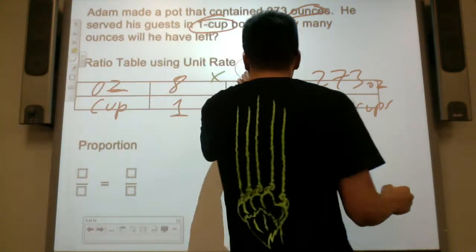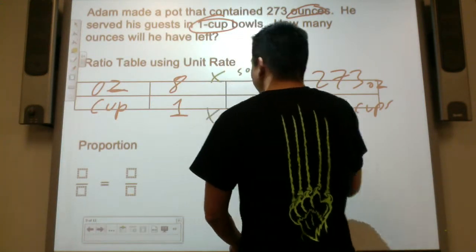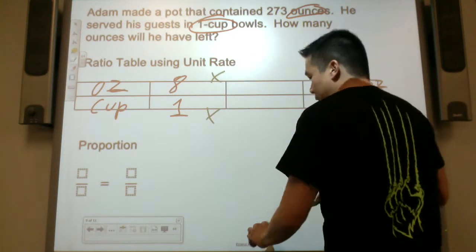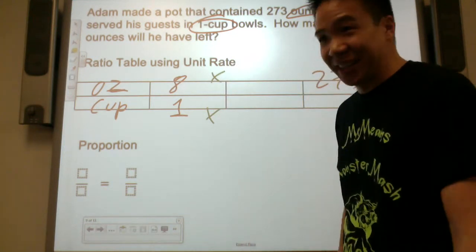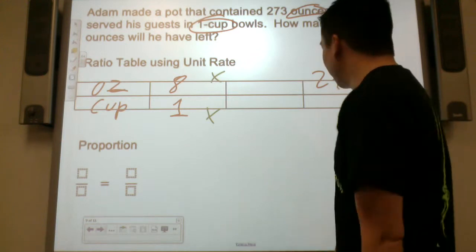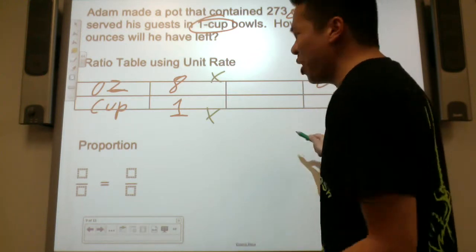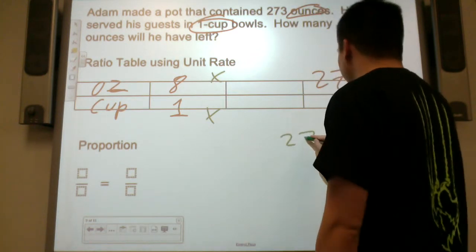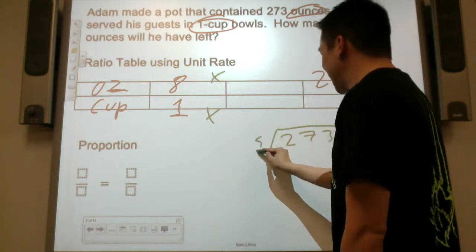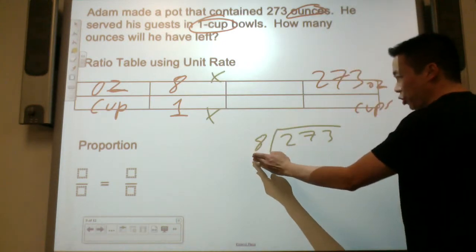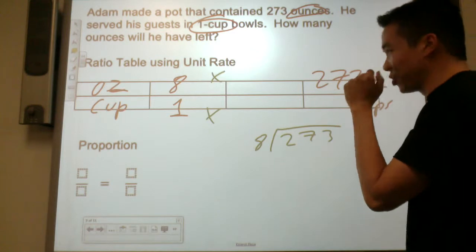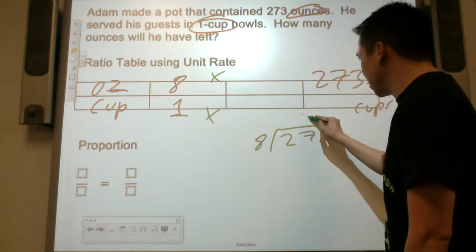Too low. 8 times 50 is 400. Too high. I'm not going to sit here and guess. I'll be here forever. And I always wonder if there's a time limit on YouTube videos. So instead of guessing, I can divide. How many groups of 8 go into 273? It goes in 3 groups.